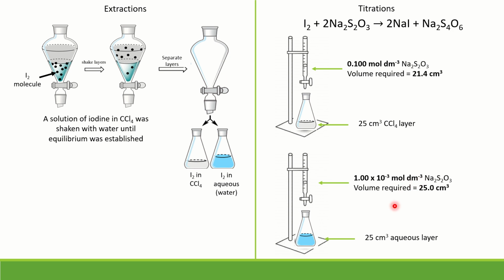And for this titration, you require 25 cm cube of this sodium thiosulfate. So from here, you already have the data that you require. You have the concentration and the volume for the sodium thiosulfate. So our next job is to find the concentration of iodine inside this CCl4 and the concentration of iodine in this aqueous layer.